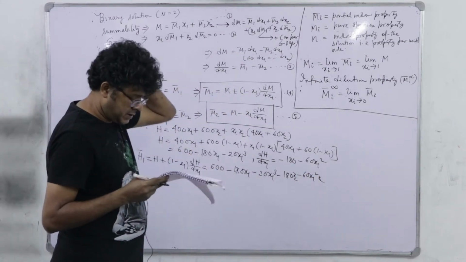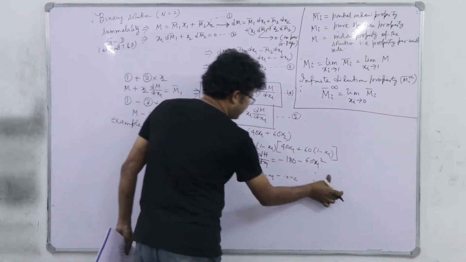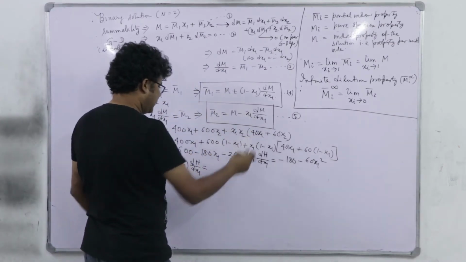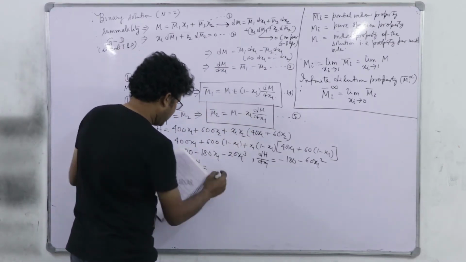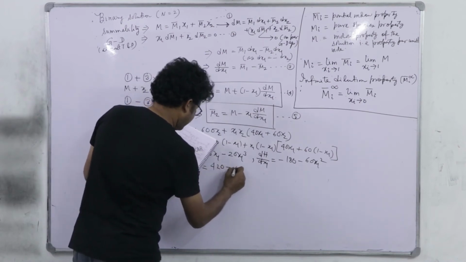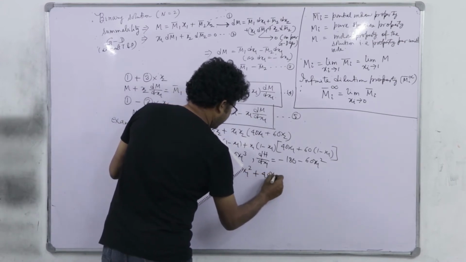We can do it, and if we replace this, because h is there in terms of x1 and x2, I will get directly h1 bar equal to 420 minus 60 x1 square plus 40 x1 cube.